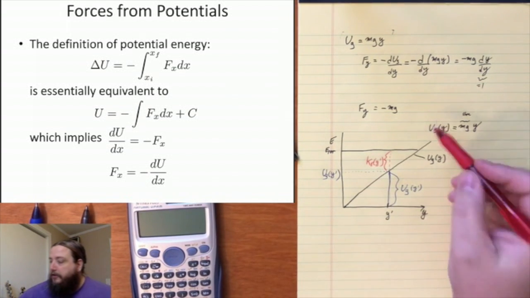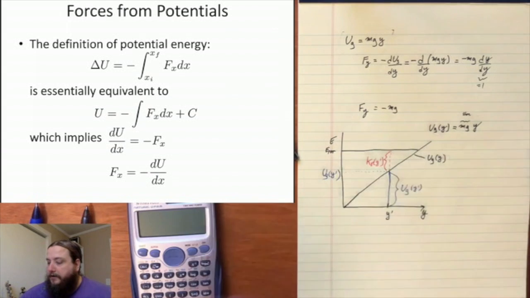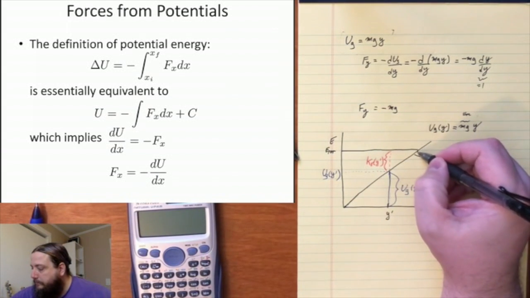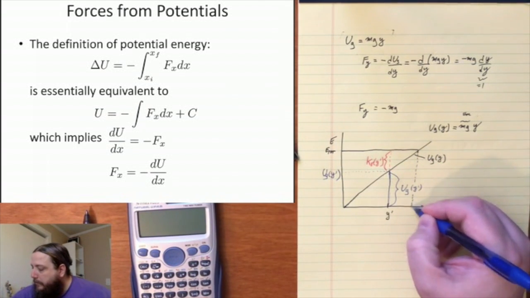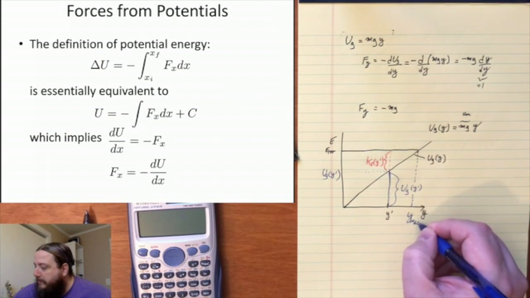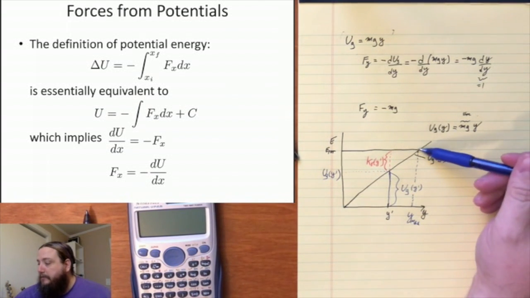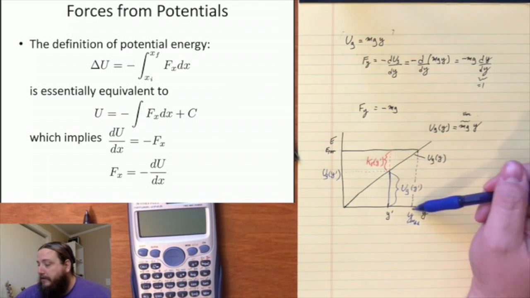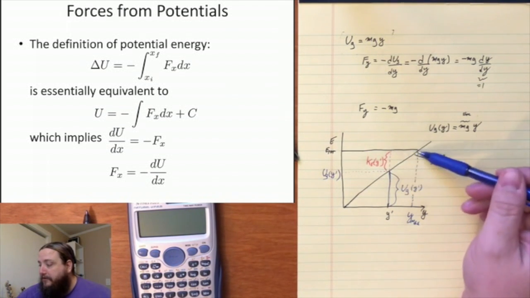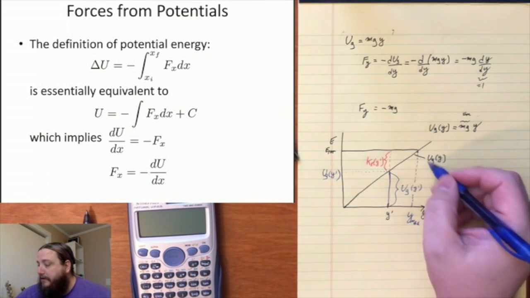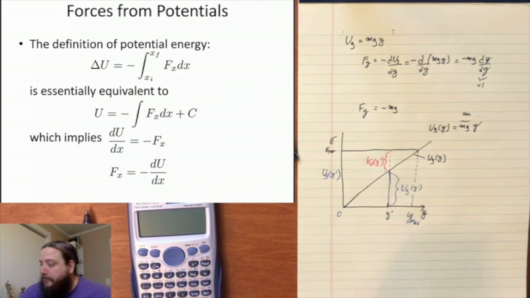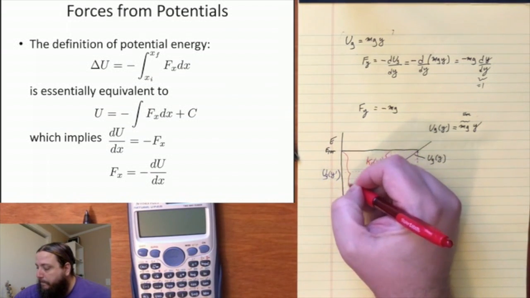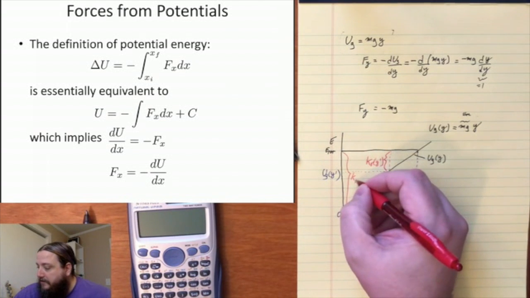And you can see the closer we get up here, this point up here, that's y max. That's the highest any object with total energy E total could get to, and the kinetic energy at that point would be zero. All of that energy would be in the form of gravitational potential energy. And down here on the ground, all of that energy is in the form of kinetic energy.